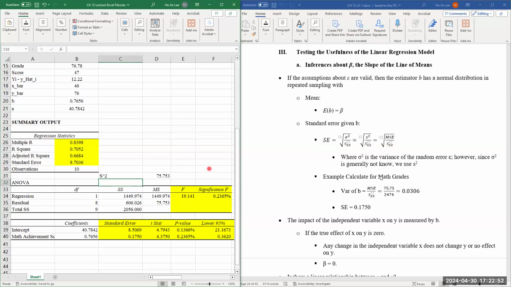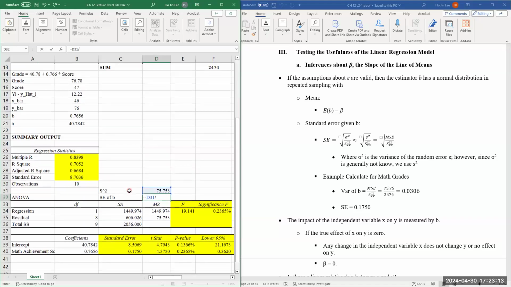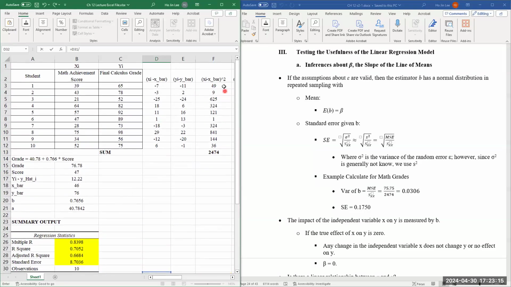So let's calculate that. The standard error for B, which is right here, should be the standard deviation divided by SXX. Calculate the standard error of B. This is this guy divided by SXX. And we calculated SXX right here. It's the sum of xi minus x bar squared.